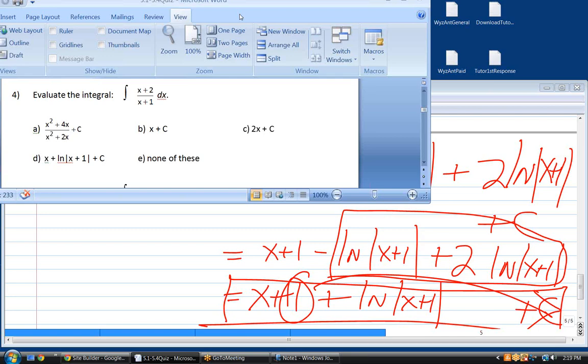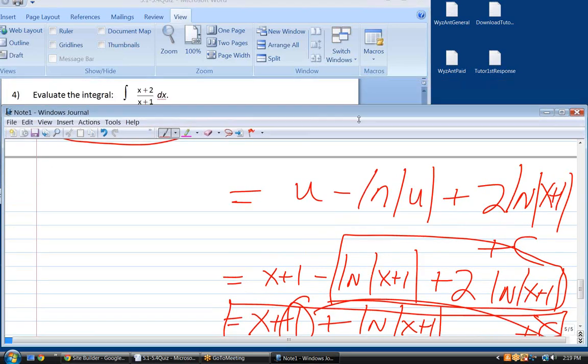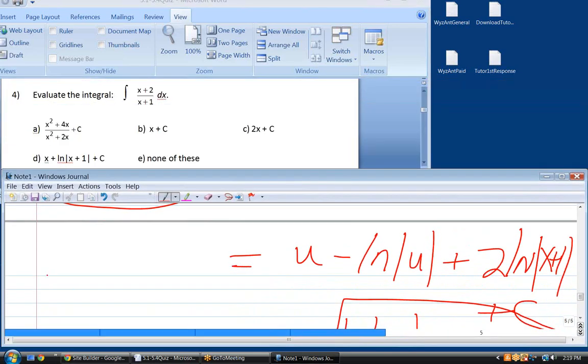But the real way to do it, to verify that this is the correct answer, D, is let's real quickly differentiate that. We get 1 plus 1 over x plus 1.